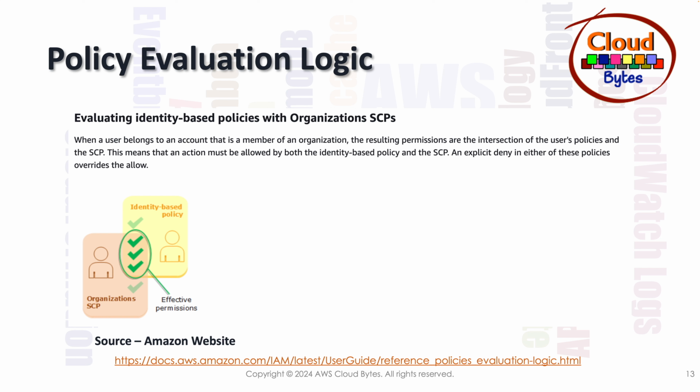In case a user is part of an account that is a member of an organization, the resulting policy that is applied, whether it is a user policy, if he has some set of policies, and there is an SCP, is basically an intersection of those. So the user will get the effective permission, which is an intersection between the organization's SCP and the identity-based policies.